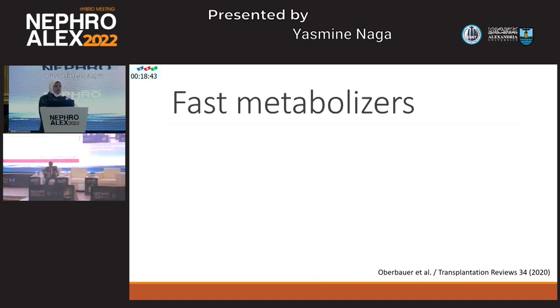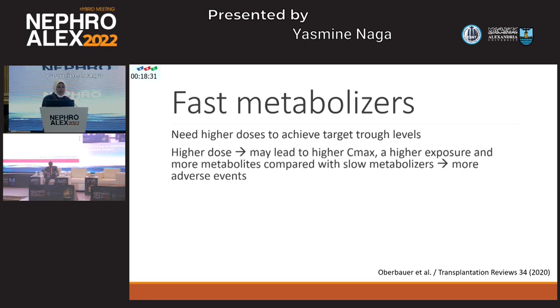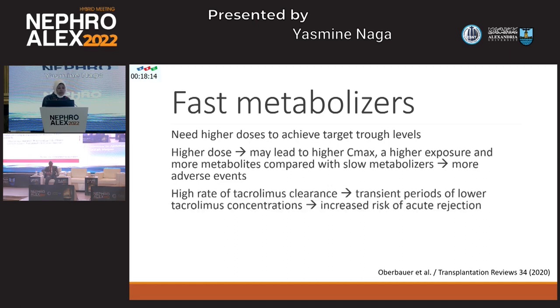Another group that has specific problems with the prescription of tacrolimus is the fast metabolizers. They metabolize tacrolimus very highly, so they need higher doses to maintain the target trough level. But higher doses, although they will maintain good trough level, these patients have high Cmax or maximum level, the 2-hour level, and these levels lead to increased risk of adverse events in comparison to slow metabolizers.